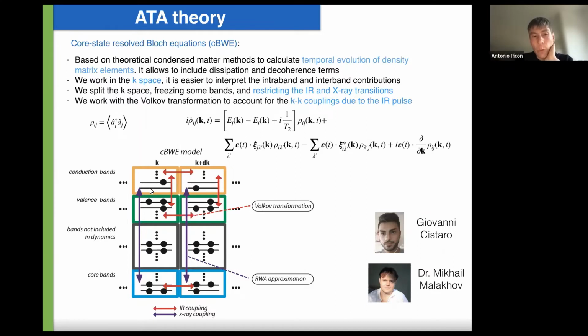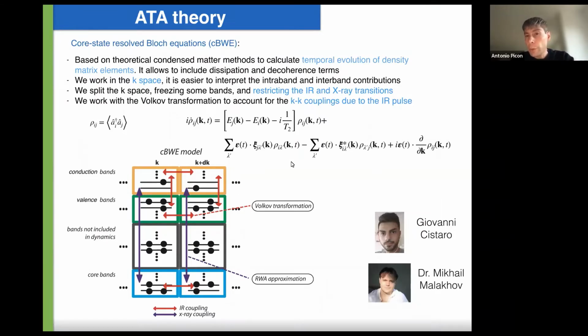On the other side, we have the probe, an attosecond X-ray pulse that is going to select these core bands. And in the middle there are some bands that we neglect for the dynamics just to reduce the computing time. These are able to couple to the conduction bands. This is mainly how it works.